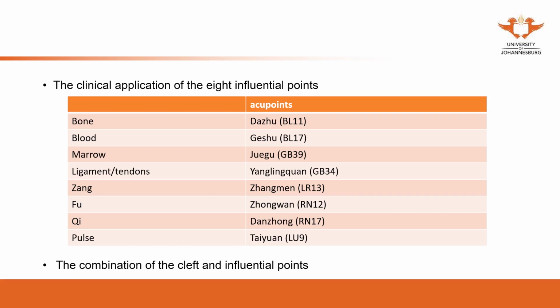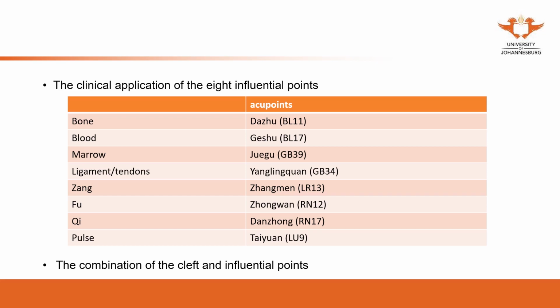If something is related to the zang organs, you can choose Liver 13. For the fu organs, you can choose Ren 12. So these 8 influential points give you general categories of the diseases.